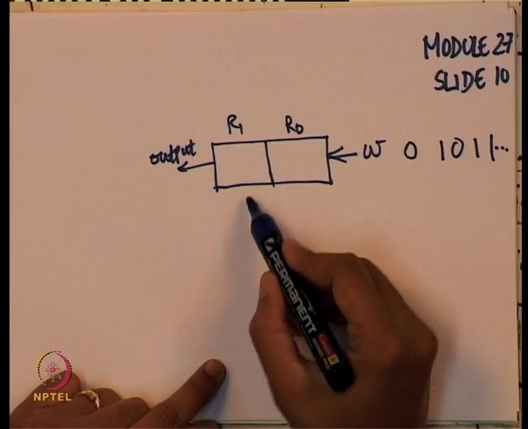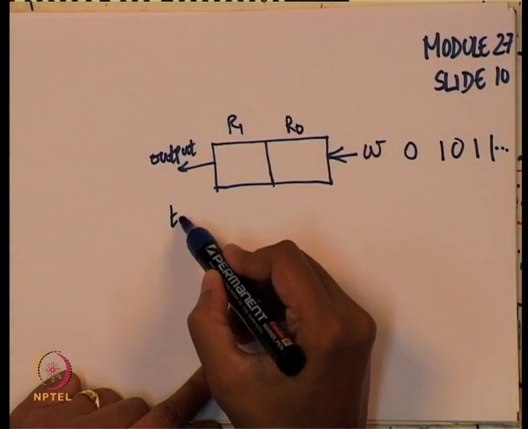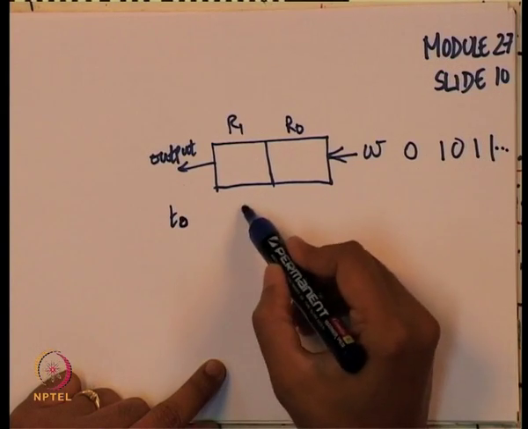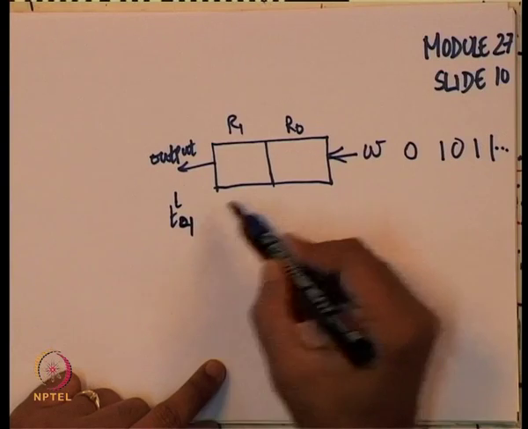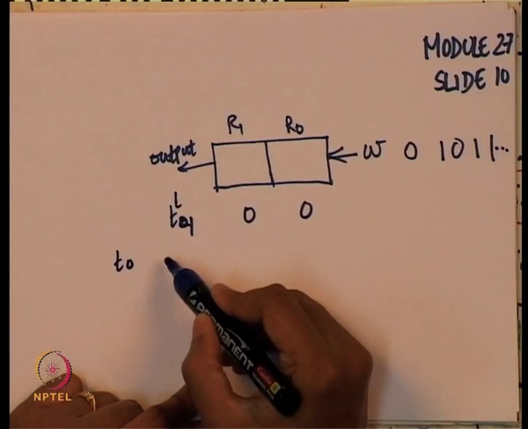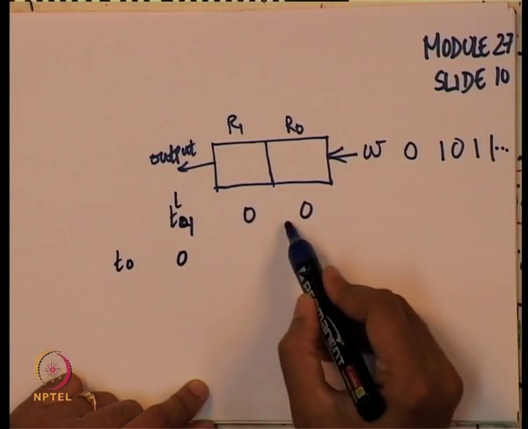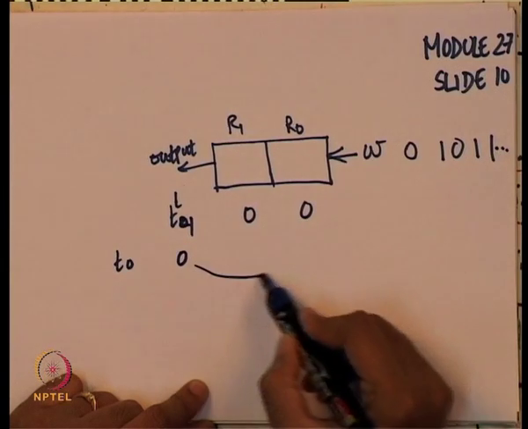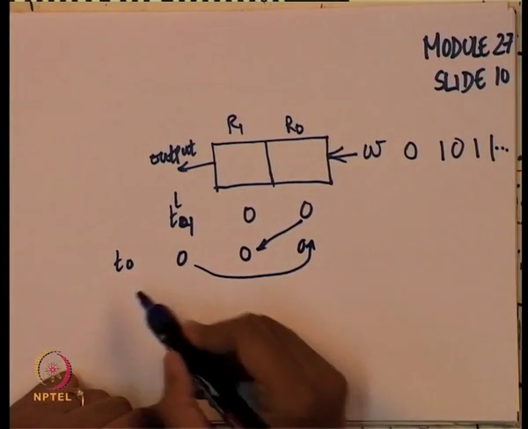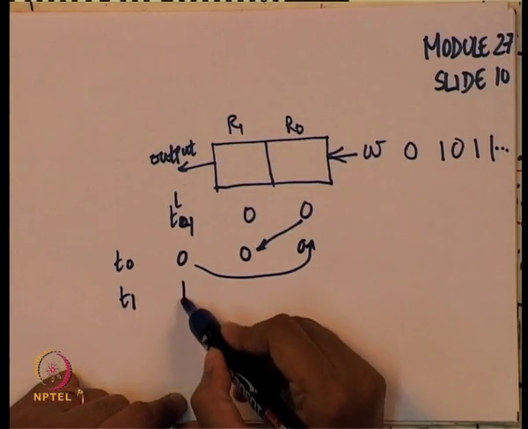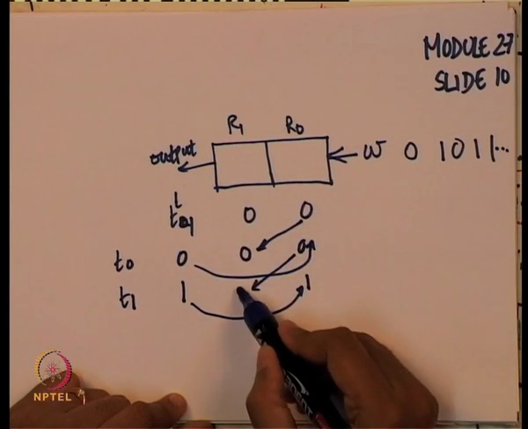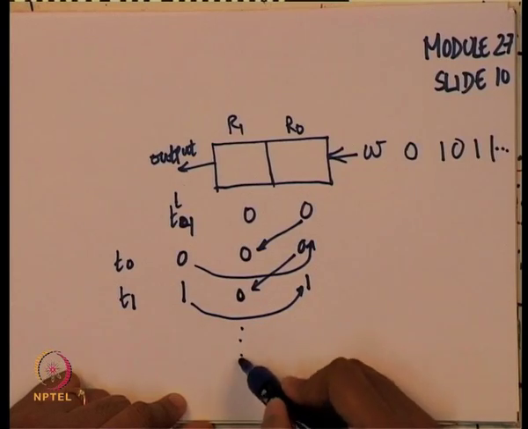Let us assume that at t minus 1, both of them are initialized to 0, then at t naught I am getting 0 as input. This 0 gets shifted here and this 0 gets shifted here, so you will have 0 0. At t1, if I give 1 as an input, this 1 gets shifted to R0 and this 0 gets shifted here, and so on.